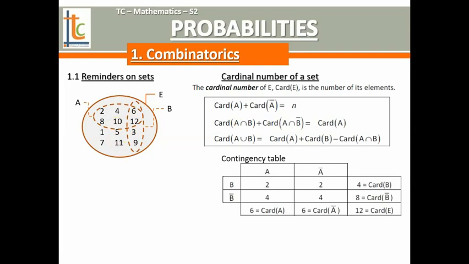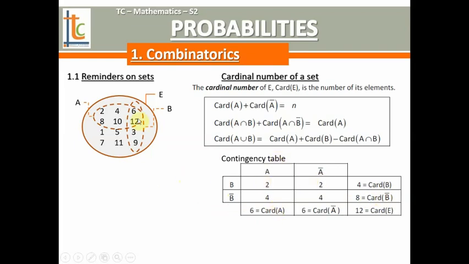So you have to build your table the same way always. You have to use 2 columns to talk about A or the outside of A, A bar, and 2 rows that talk about B and the outside of B. And of course, every section crosses every other.